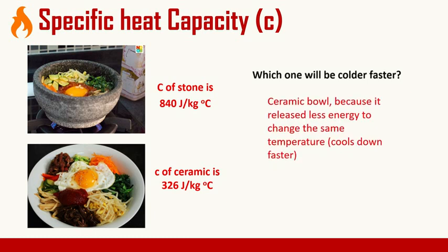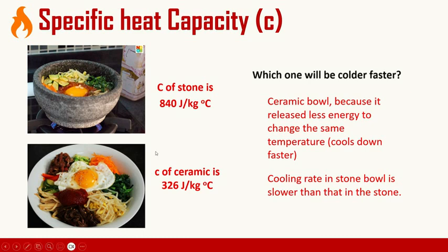So ceramic, because it releases less energy. That means in the stone bowl, the rate of cooling down is less because it needs longer time to be cold. That's the reason why some Korean people use the stone bowl for some of their cuisine.